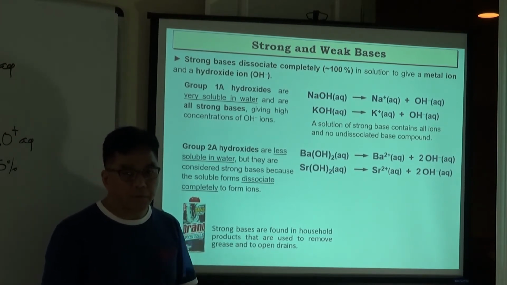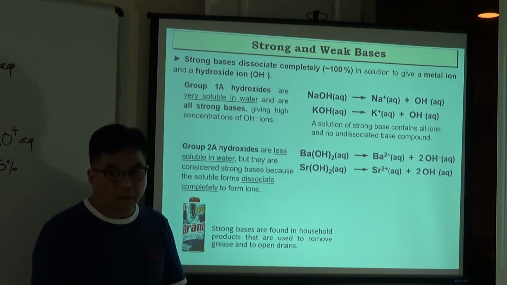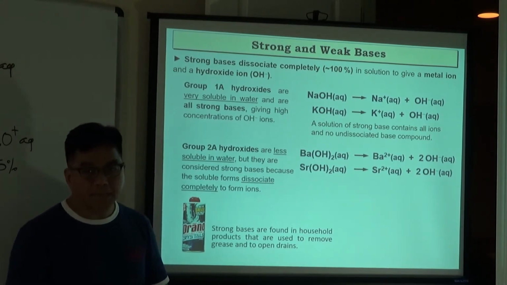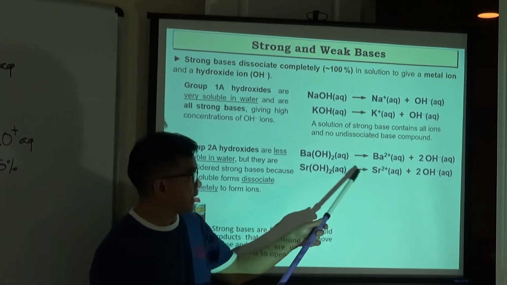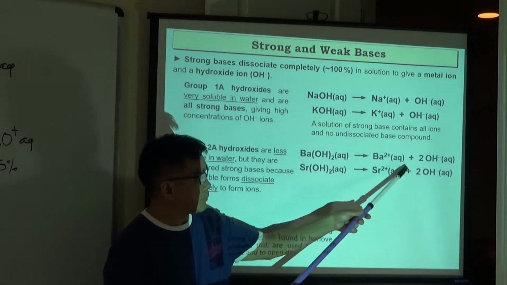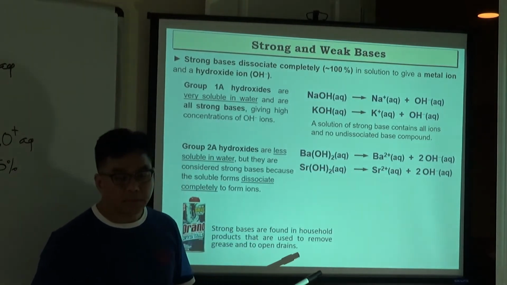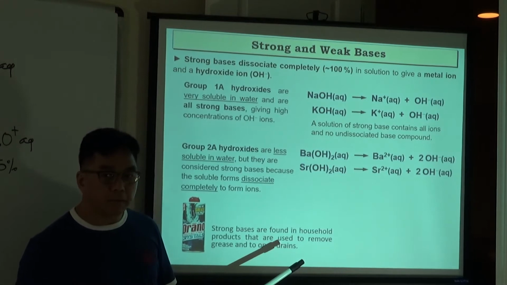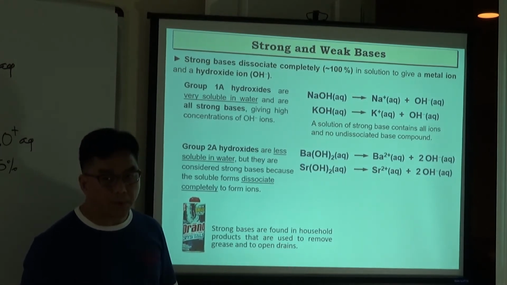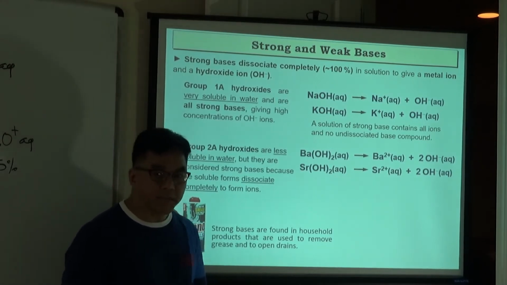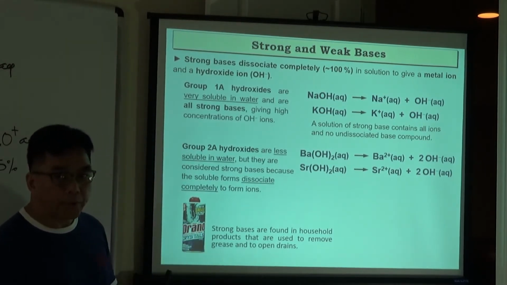So they are not very strong electrolytes. Electrolytes are substances that produce ions like this. When they dissociate, they produce ions in solution, so they're called strong electrolytes. There are substances that are very soluble, but they don't produce ions. They remain undissociated, so they are weak electrolytes.